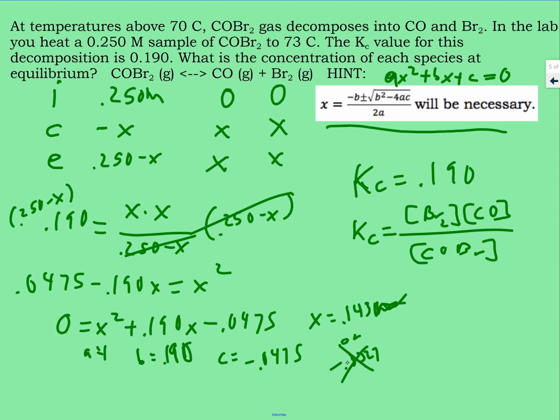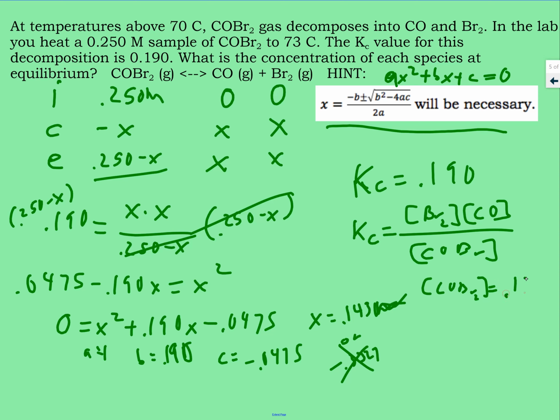And now I forget what my original question was. I did a whole bunch of fun math. Oh, what was the concentration of each species at equilibrium? So for COBr2, I'm going to put in 0.25 and subtract the positive number, 0.250 minus 0.143, because 0.25 minus x is what will give me COBr2's concentration.